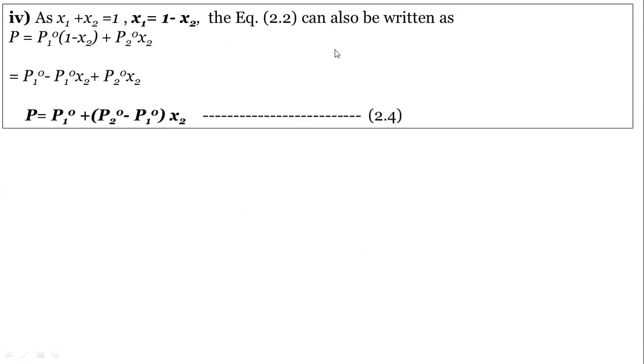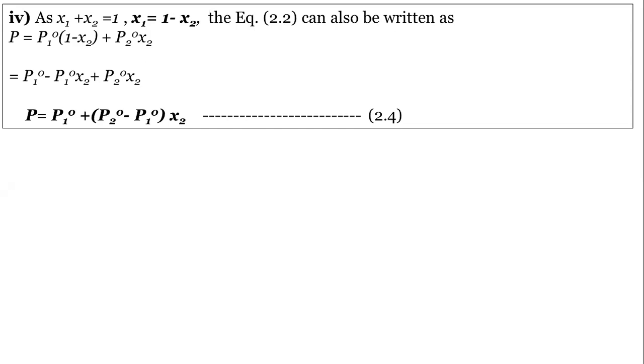But in 11th standard, we also learned about the mole fractions X1 and X2: X1 plus X2 is equal to 1. X1 and X2 are the mole fractions of any component, it may be the mole fraction of solute or solvent.